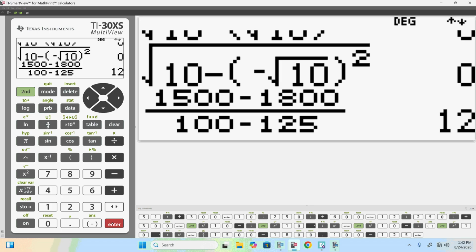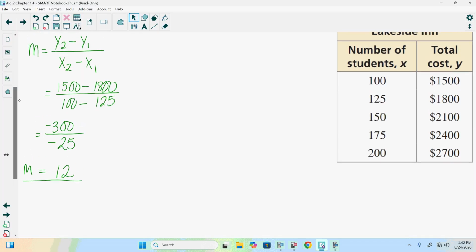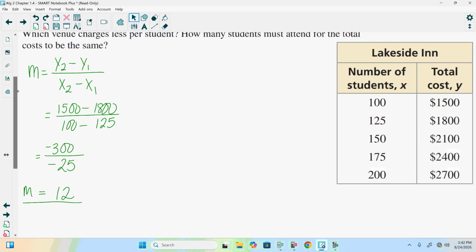Or the calculator just tells us it's 12. So how much is Lakeside charging per student? 12. So which one charges less per student? Sunview.